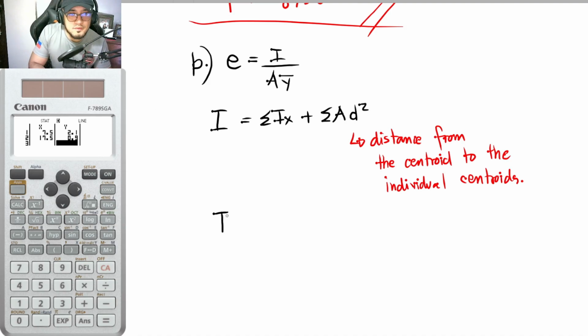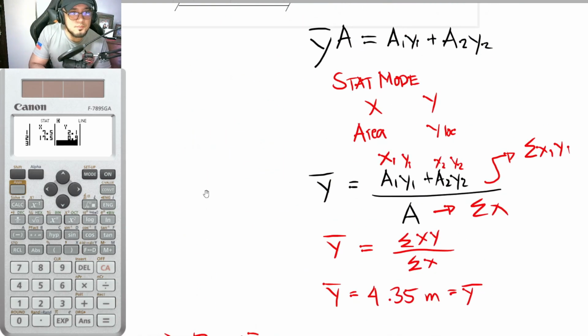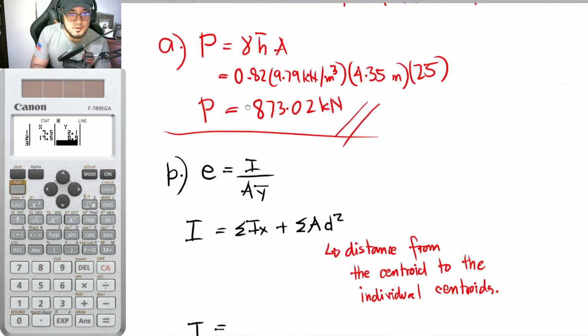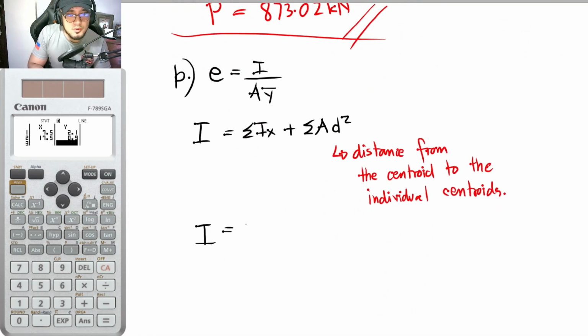The total moment of inertia is equal to, we have two figures, and our figures are the following. The first one has a base of 3 meters and a height of 2.5. So 3 meters is B. For rectangles, I is equal to BH cubed divided by 12. So B, that is 3, times H, that is 2.5, cubed, divided by 12. That is for the first.